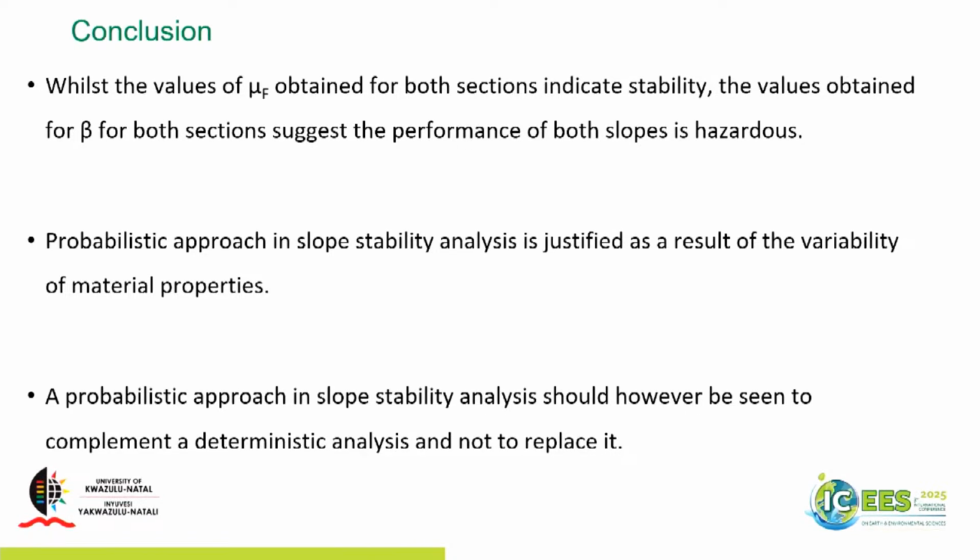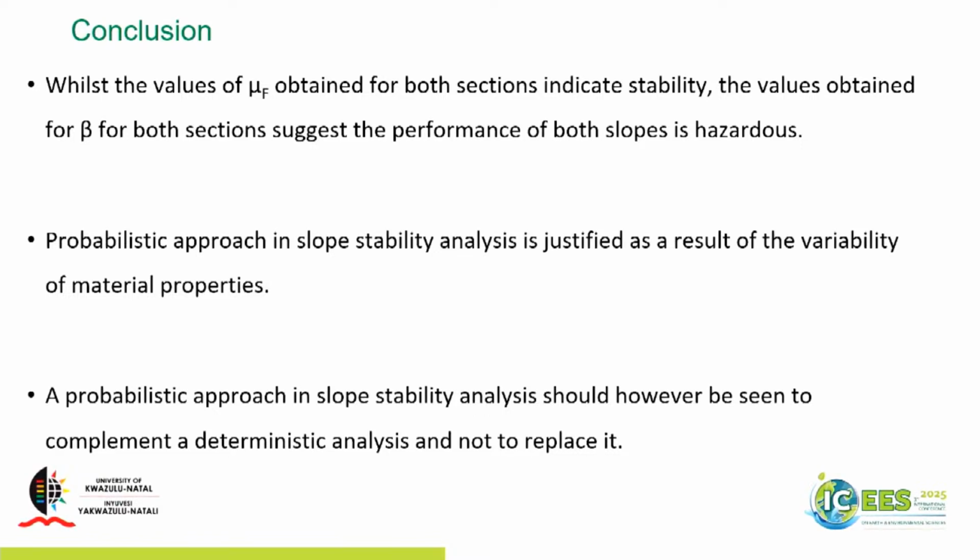So whilst the values of the mean obtained for both slopes indicate stability, the values obtained for beta, which is the reliability index, for both sections suggest the performance of both slopes is hazardous. So a probabilistic approach in slope stability is justified as a result of the variability of the material properties, because it takes into account that variability.